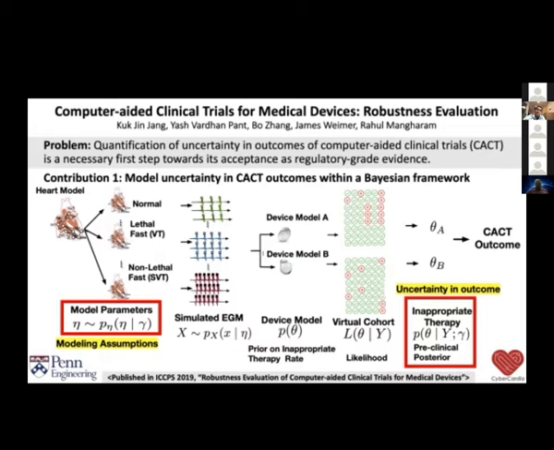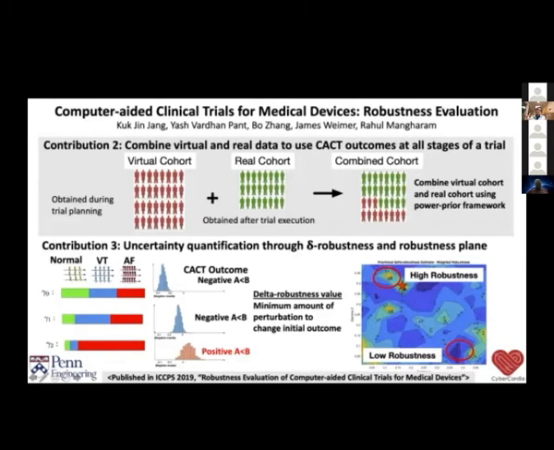The second question we wanted to ask over here is, how do we then statistically combine virtual and real patient data to then have a combined cohort that can then provide much better insight as to how well this device is working.